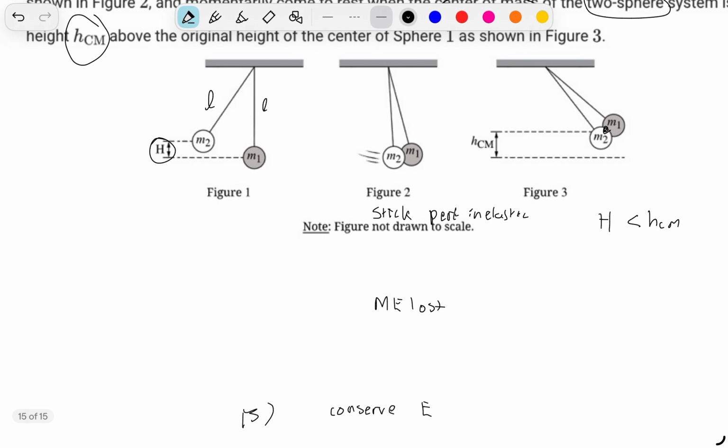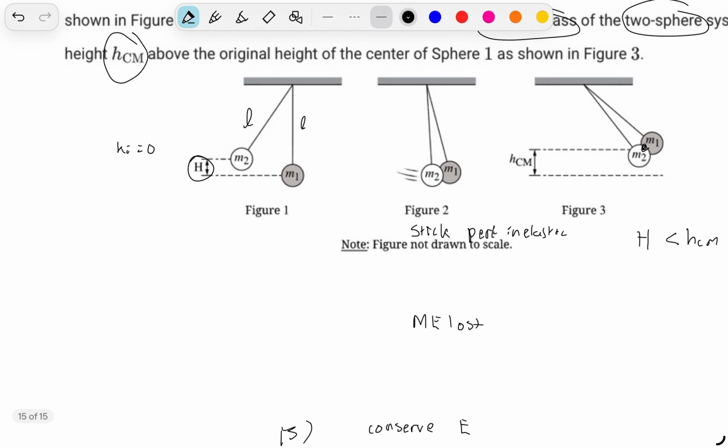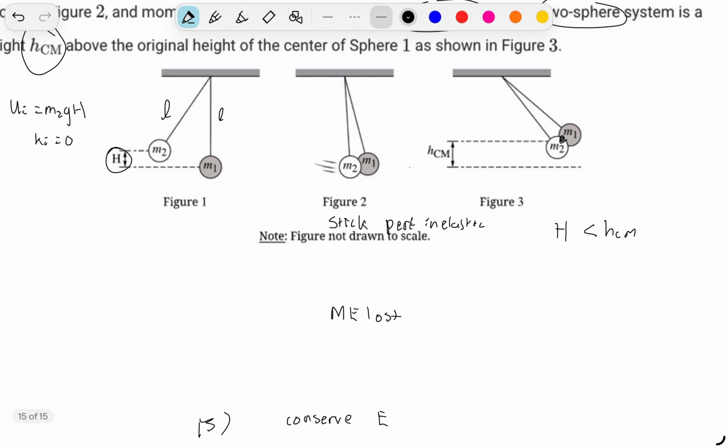Before the collision, our kinetic energy is equal to 0 because sphere 2 starts from rest. We have our gravitational potential energy relative to the collision height. So this is U initial, m2 g h, where h is the initial height. Then after the collision, when we are right here, our gravitational potential energy U final is equal to 0, and our kinetic final is equal to 1/2 m2 v squared.